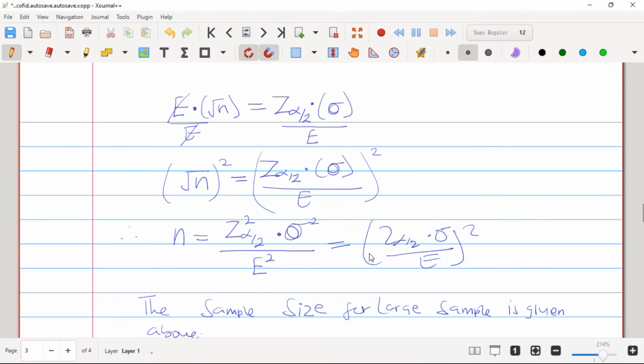So this is how they were able to give us n as z subscript alpha divided by 2 times the population standard deviation divided by our margin of error, all squared. Since you have noted this, let's go and solve some worked examples.